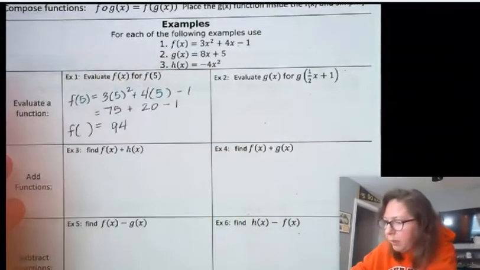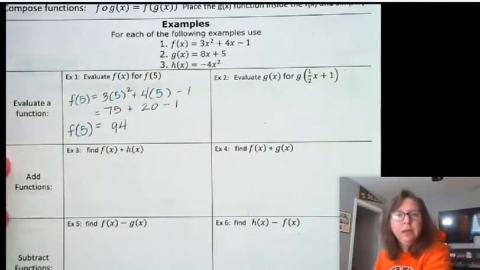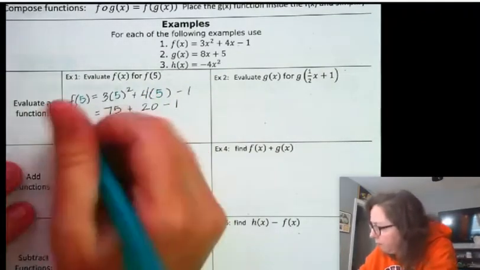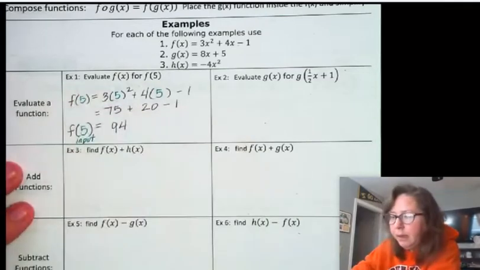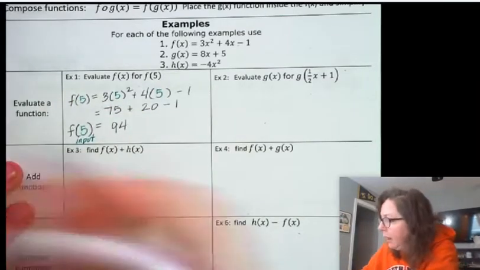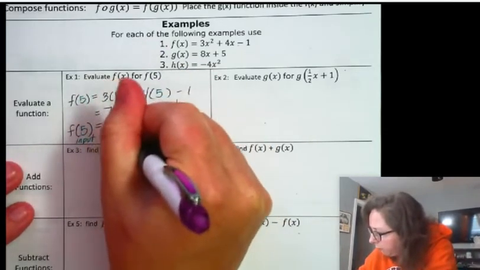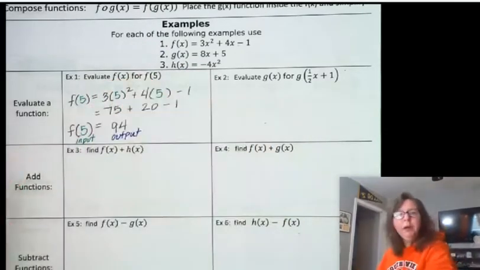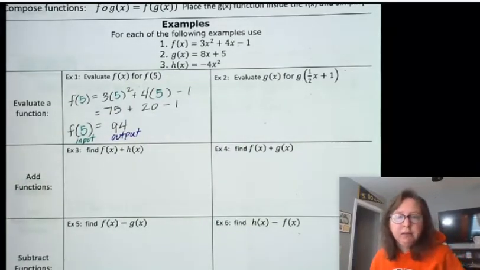So the way that I write my answer is f of 5 equals 94, where 5 is the input, and then what I get out as a final value, this is my output. Okay, so we've just evaluated the function f of x for 5.